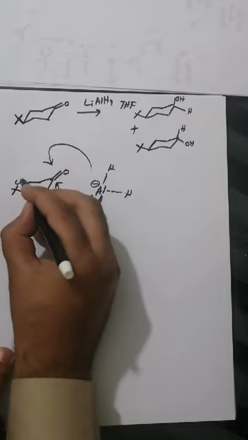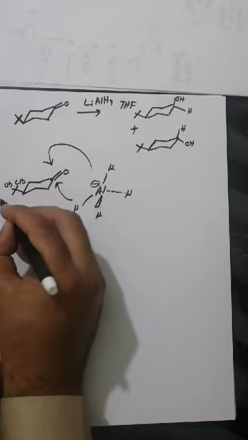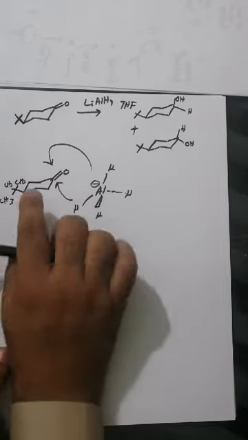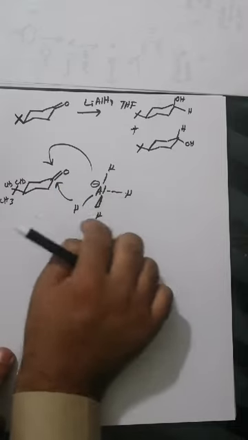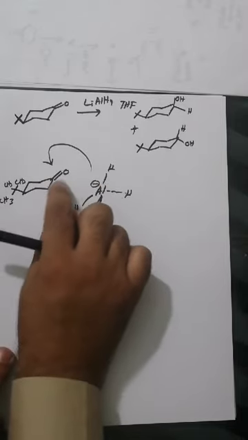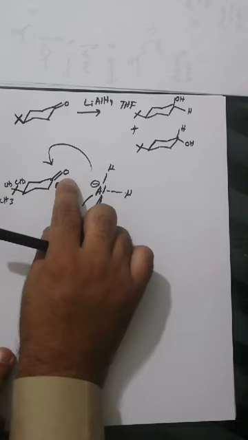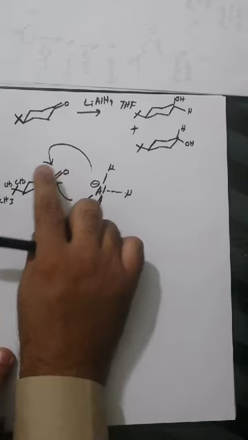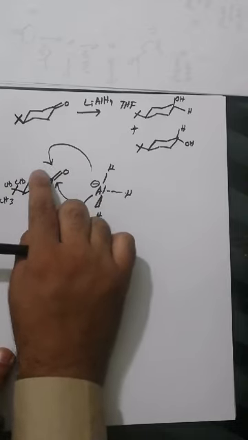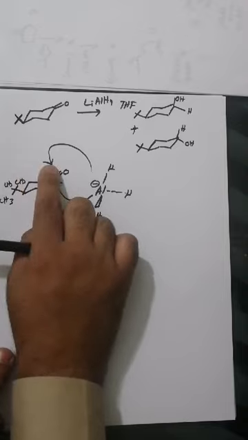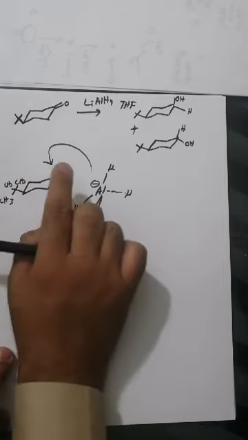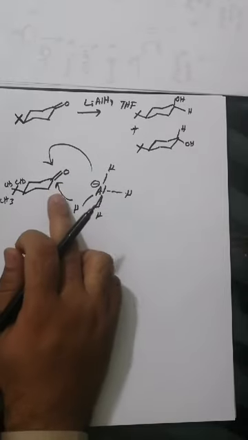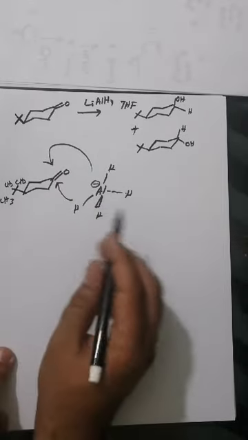This tertiary butyl group is quite large. I'm not showing the methyl groups. So when it approaches from the upper face of this C=O double bond, then there would be steric hindrance between this aluminum hydride and this tertiary butyl group. So it will approach from the lower face of this C=O double bond.